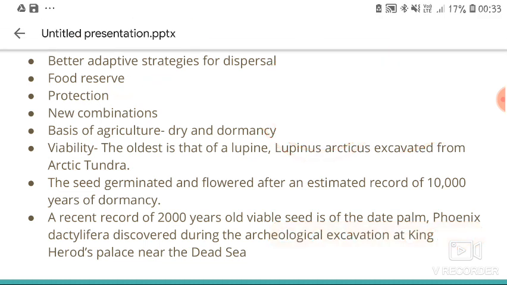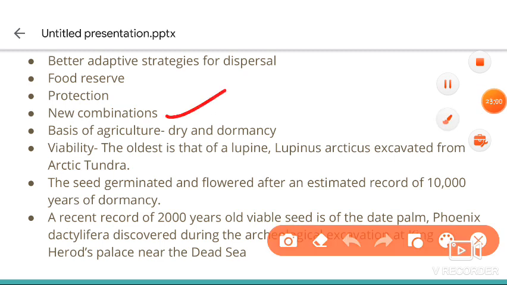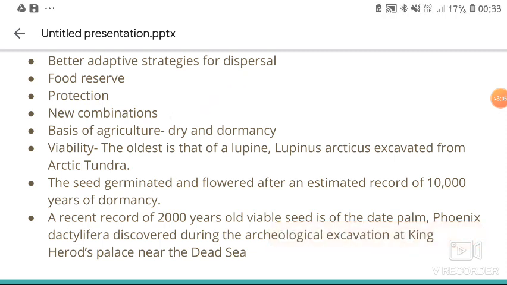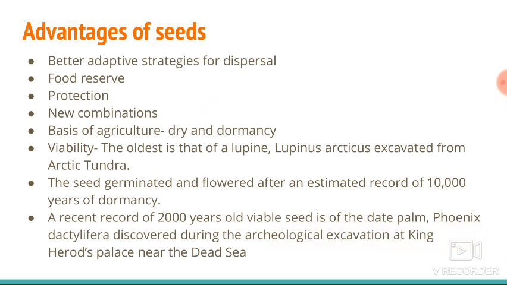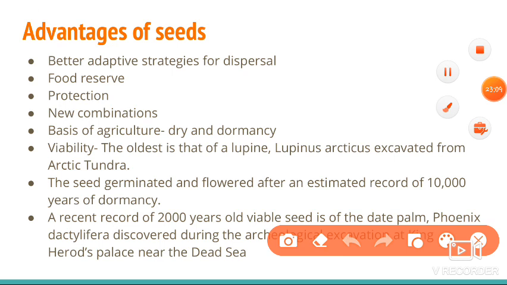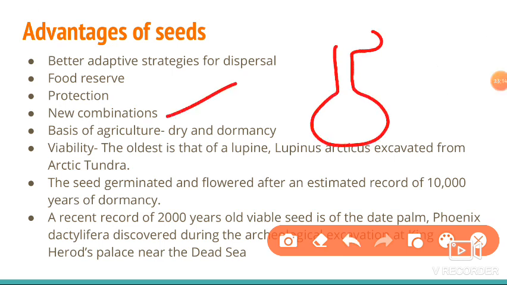Next to this, here you can see that new combinations of plants are going to be produced here. For example, this is the female reproductive structure. The pollen from a different plant is going to fall, and then there is fertilization and everything will happen here. Sexual reproduction is mainly made for that purpose only.